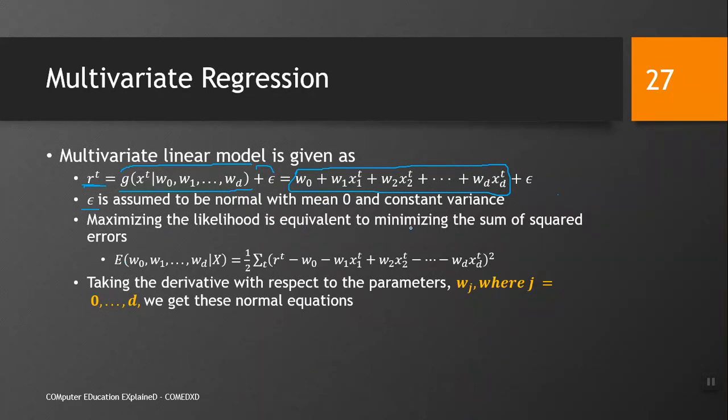Maximizing the likelihood is equivalent to minimizing the sum of squared error. So, try to understand this point. If we are going to maximize the likelihood, it means that we are going to minimize the difference. What is the likelihood? This is class 1, this is class 2, for example, this is class 3, and we have some value x.